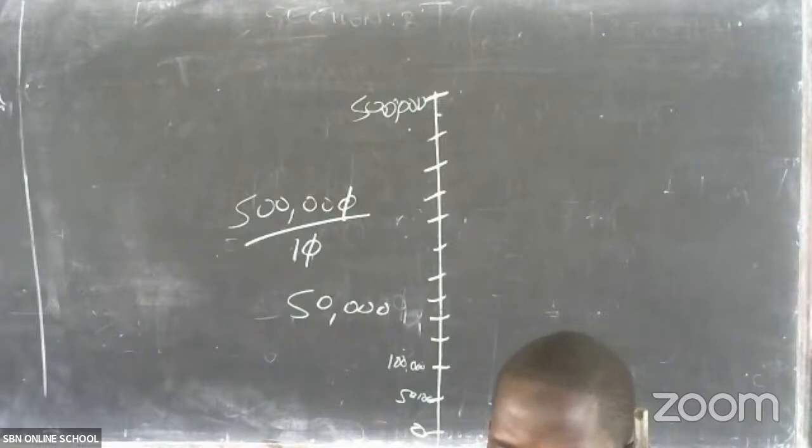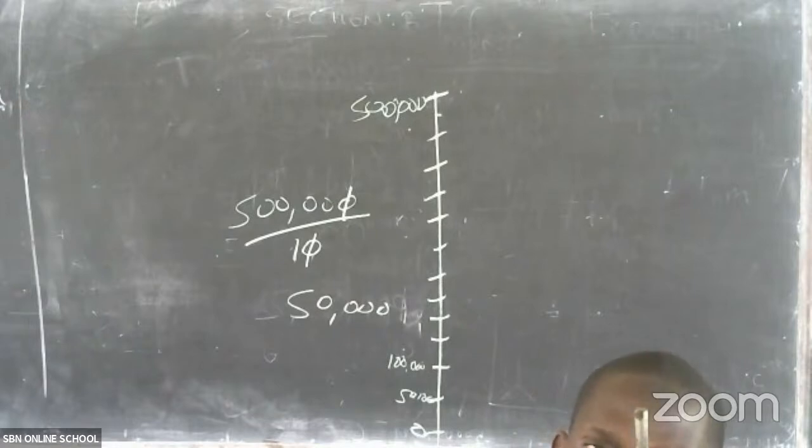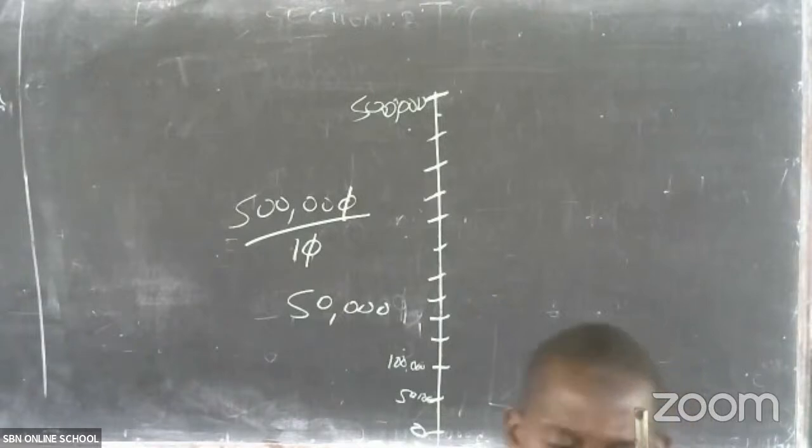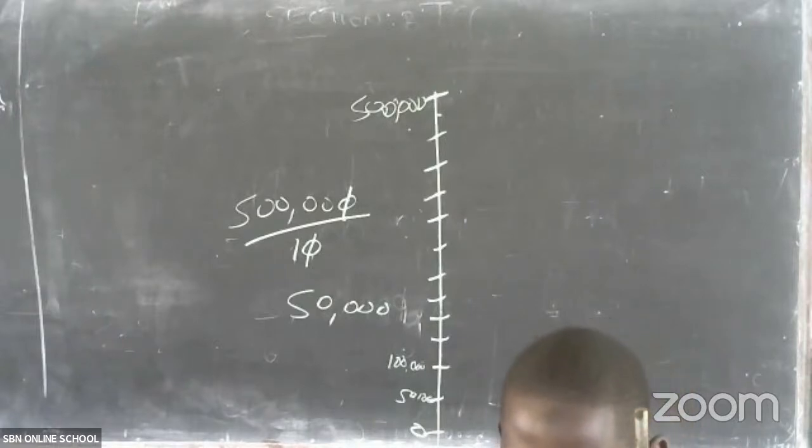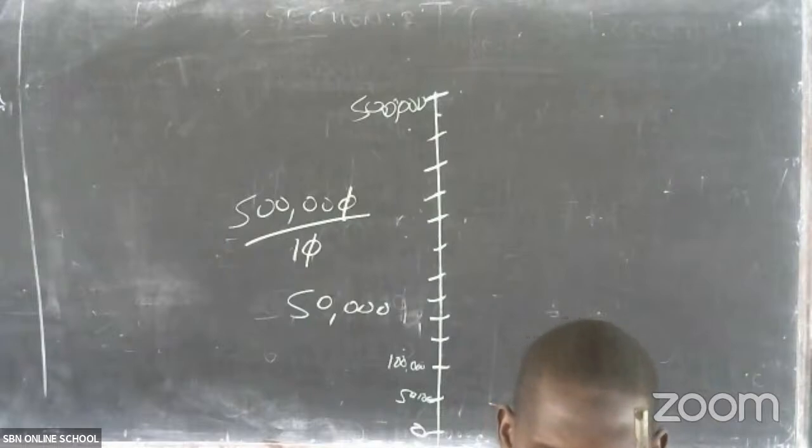Now, 25,000. Okay. You have got what? The value of 1 centimeter. 25,000.